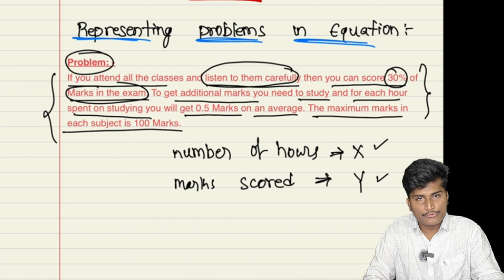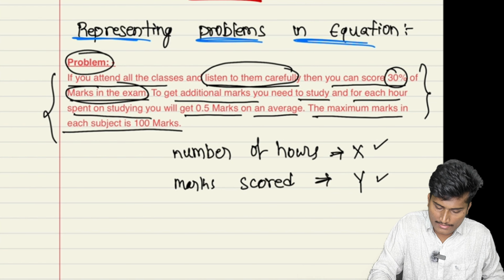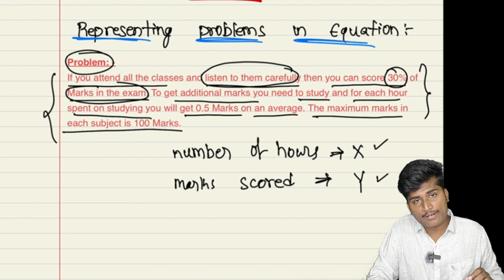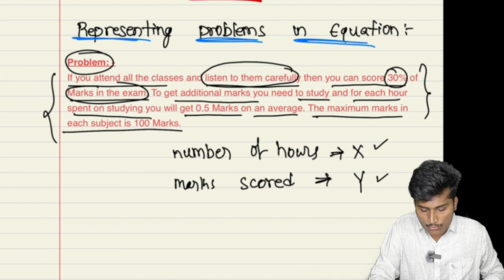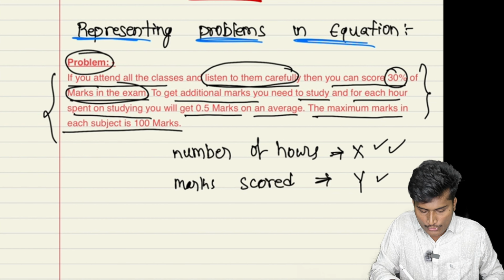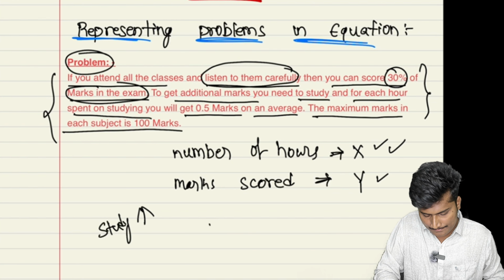Even though we have two variables, they don't have similar properties, because x is the number of hours you are going to study and y is the number of marks you are going to score. Now the y value will depend upon the x. If you study more hours, then you are going to get more marks.